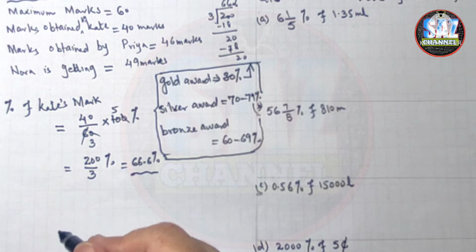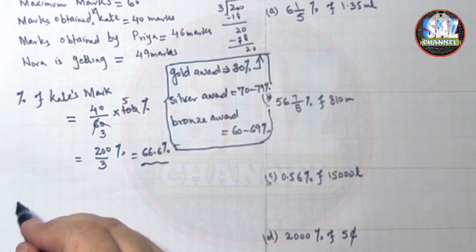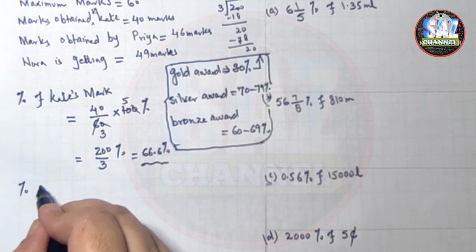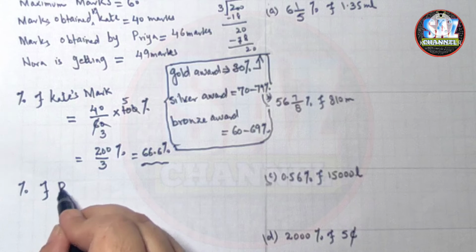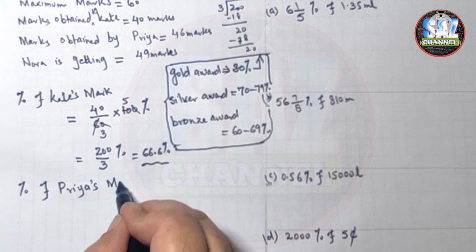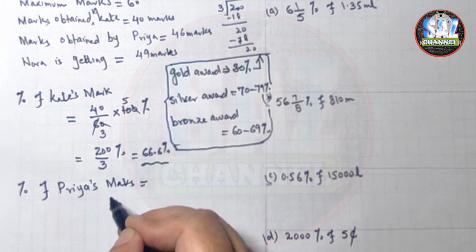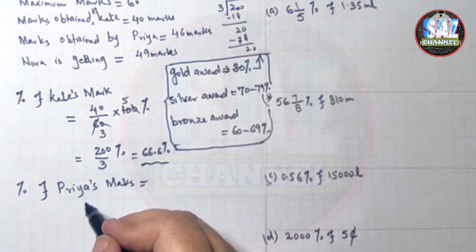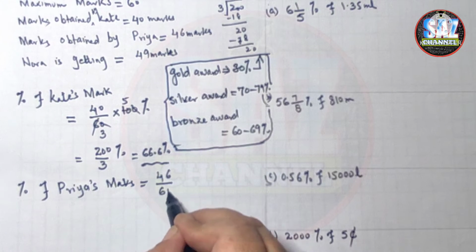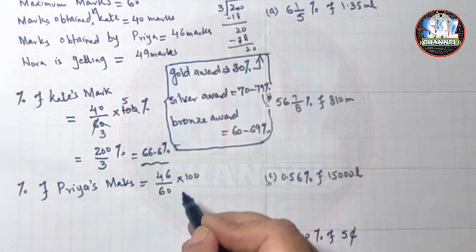Then percentage of Priya's marks. Let me confirm the data once again. 46 by 60 times 100%.